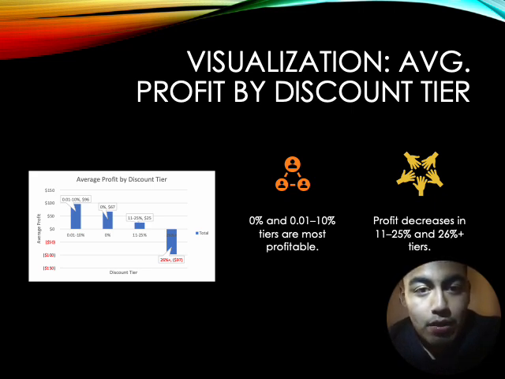So this pattern strongly suggests that moderate discounting, especially under 10%, can be effective and profitable, whereas deep discounts above 25% severely undermine profitability. These insights support the recommendation to limit high discounting unless paired with strategic conditions that preserve margins.